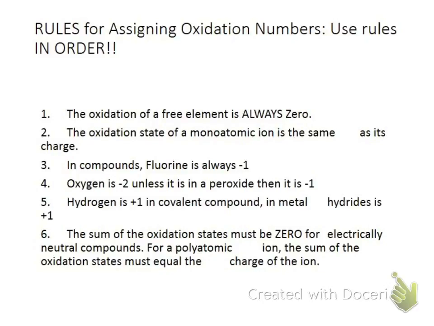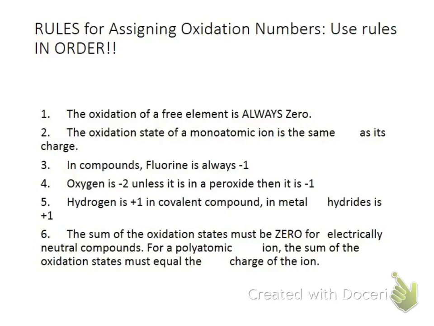An element in its free, natural state is always going to be 0. Just like for charges, there's no charge on copper by itself or iron by itself. Chlorine gas by itself, still Cl2, has an oxidation state of 0. The oxidation state of a monoatomic ion, mono meaning one, is the same as its charge.